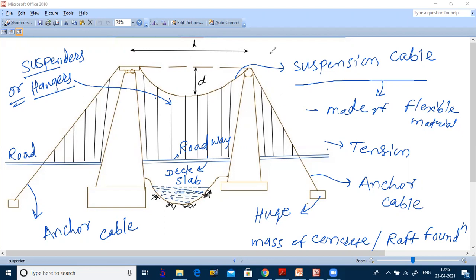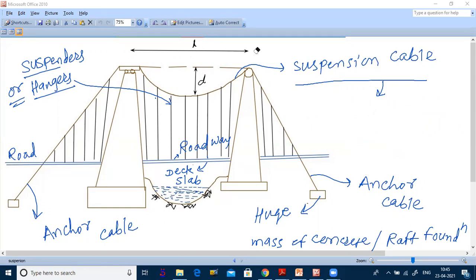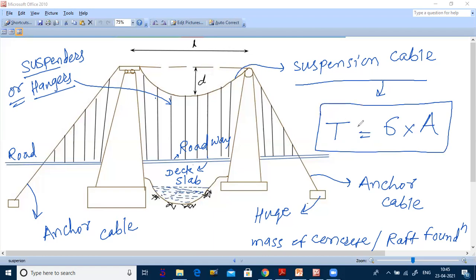So direct tension T is equal to the stress multiplied by the area, right? So direct tension T is the stress in that particular cable multiplied by the area of the cable, and you get the tension in that particular cable, right?